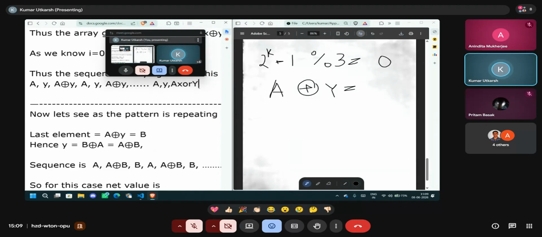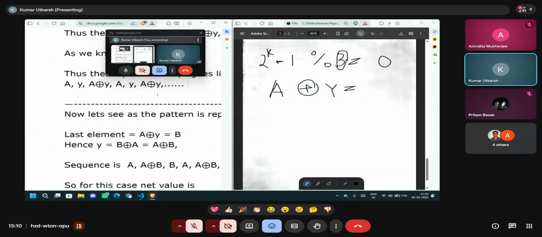Pritam and Alisha, did you understand what I meant from this? That is, if we have consecutive groups of length 3, that is, if the length is divisible by 3 and these values are repeating in 3, then the last value of the array will be this.